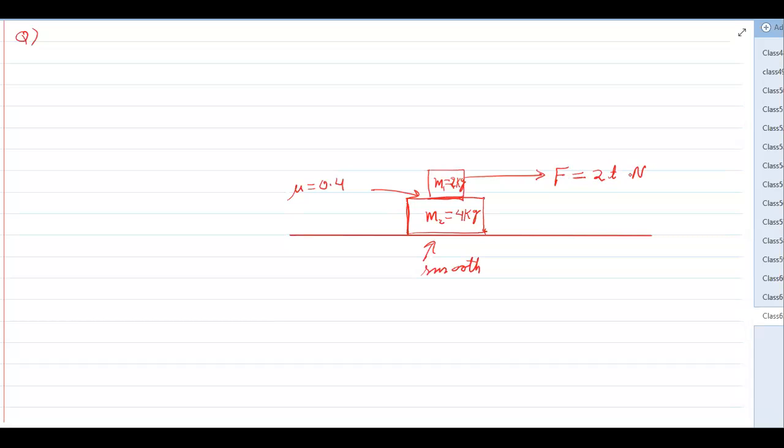Okay, so what we have to find is, this is a system given and we have to find the acceleration of M1 and M2 at different times.